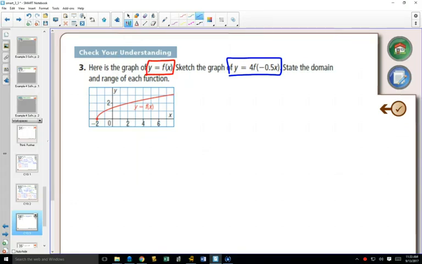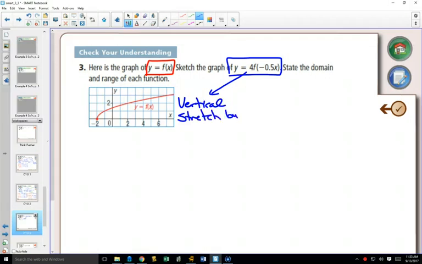Well, the first thing we run into is the 4. How would I describe that 4? Vertical or horizontal? Vertical. Outside. Everything outside is y. Everything that's y we describe as vertical. That's going to be a vertical. Is it going to stretch it or compress it? You're right.